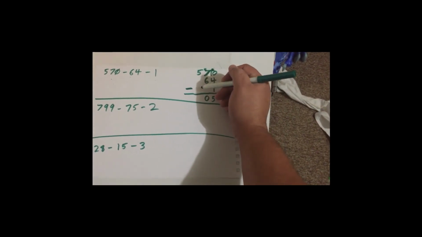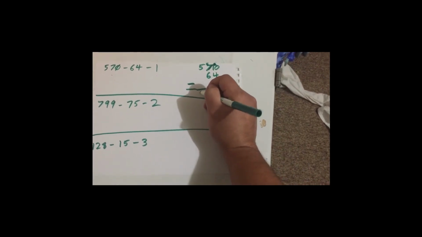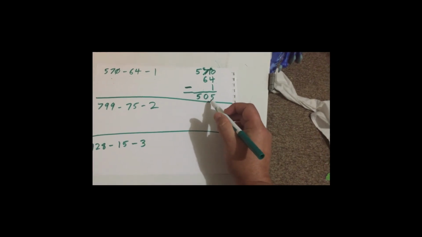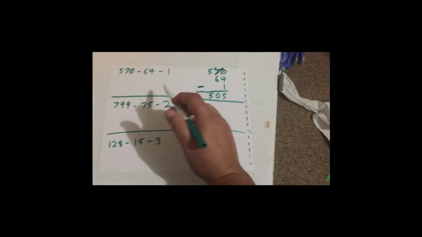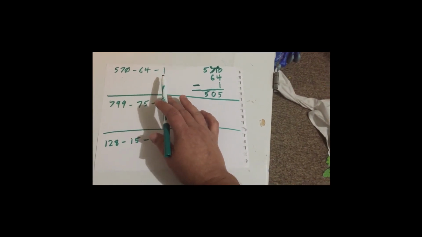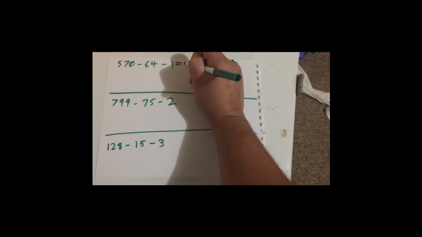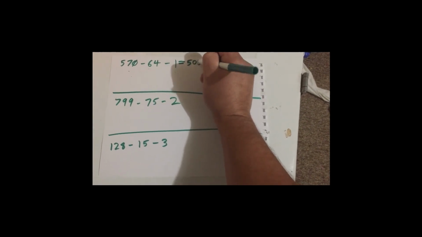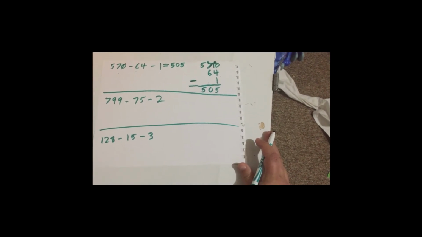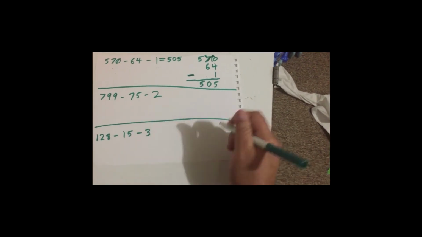And then the 5, well, it has nothing to subtract. So the 5 we just bring down here. Now our answer is 505. So this question, 570 minus 64 minus 1, the answer is 505. Okay?